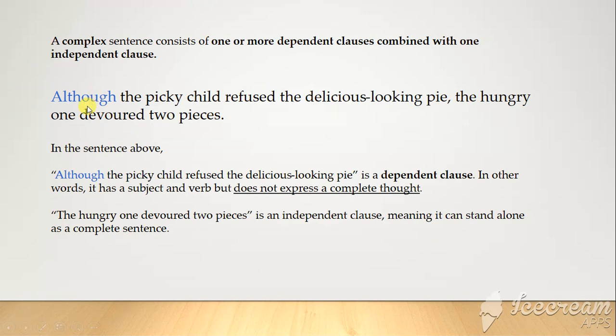So we call although a dependent marker word because that's going to take a complete sentence and turn it into an incomplete sentence unless we finish it by adding a complete sentence to the end of it, an independent clause. The hungry one devoured two pieces. So you see, we can have this dependent clause, this incomplete sentence, as long as we finish it with a complete sentence, and that's called a complex sentence.